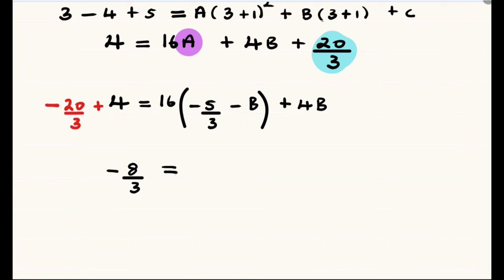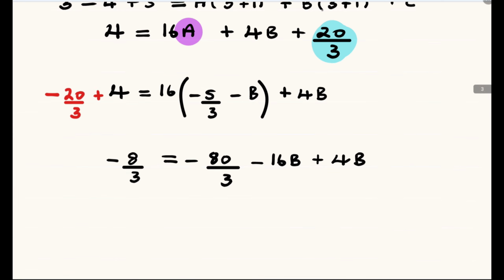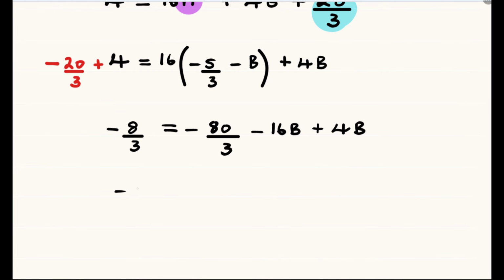This will be equal to 16 multiplied by negative 5 over 3, which is equal to negative 80 divided by 3. 16 multiplied by negative b, which is negative 16b, plus 4b. We have negative 8 divided by 3.